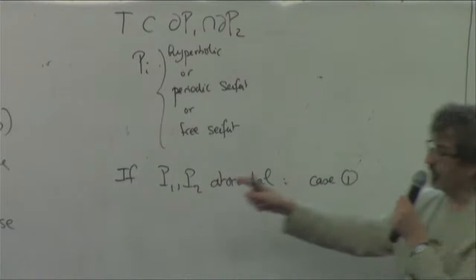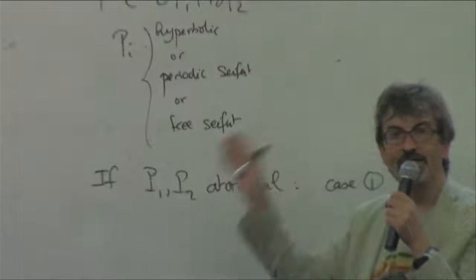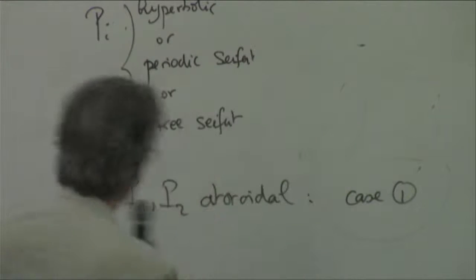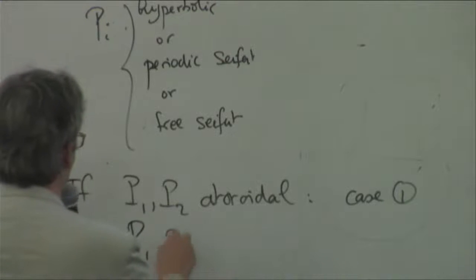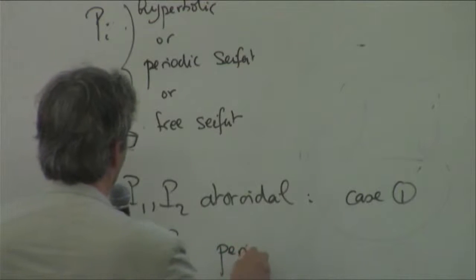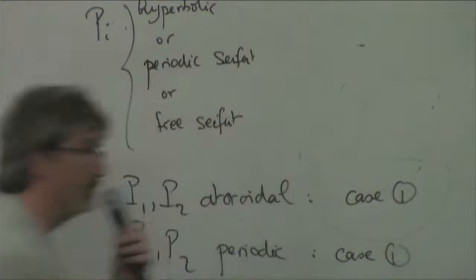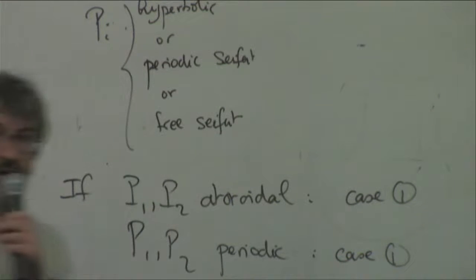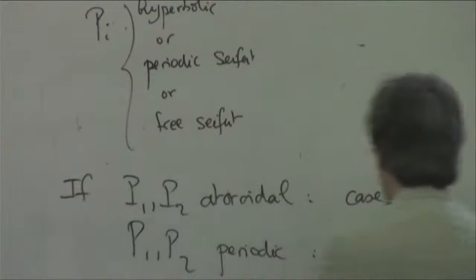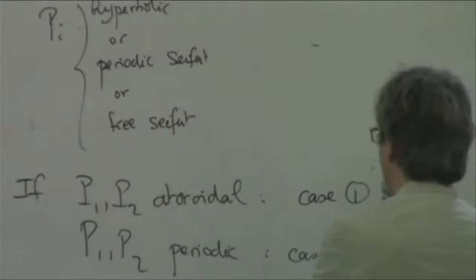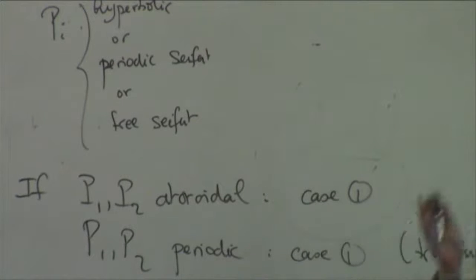You can make the torus embedded in a quasi-transverse way. If the two pieces are Seifert periodic, then you are in case one, and actually it's more: the torus can be transverse, not only quasi-transverse.